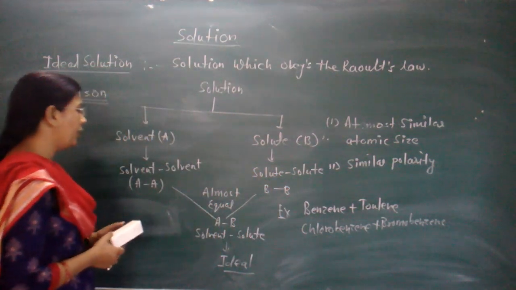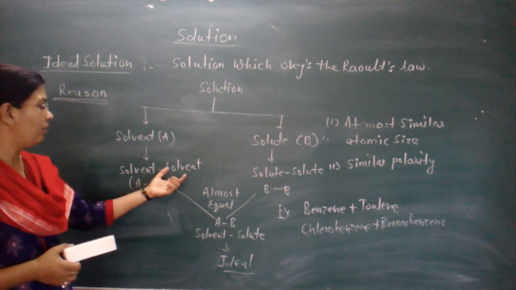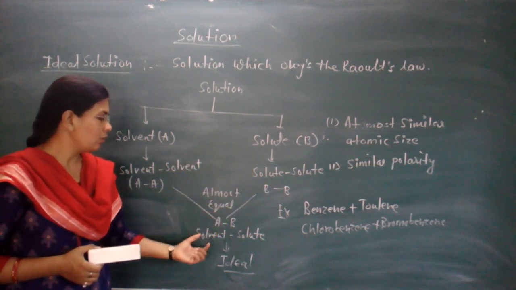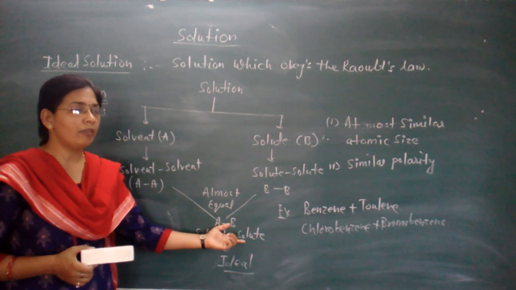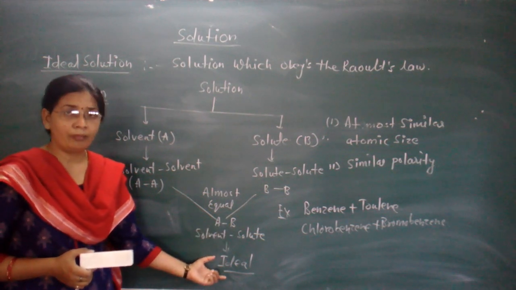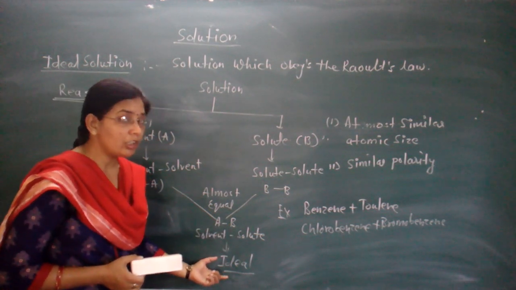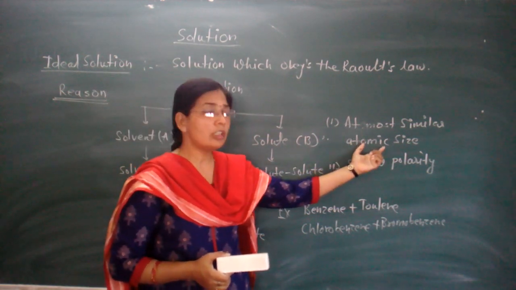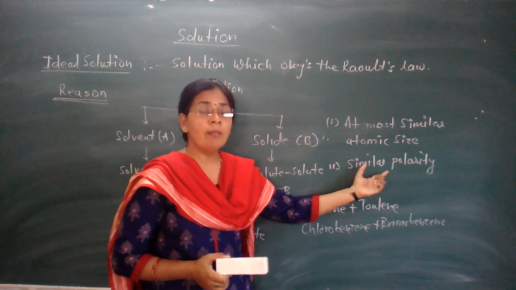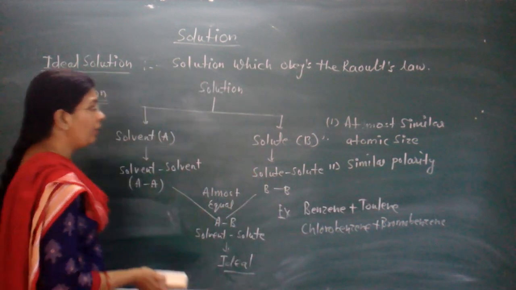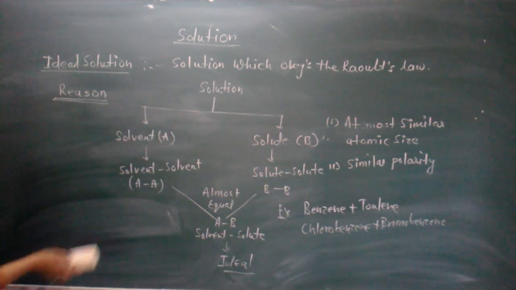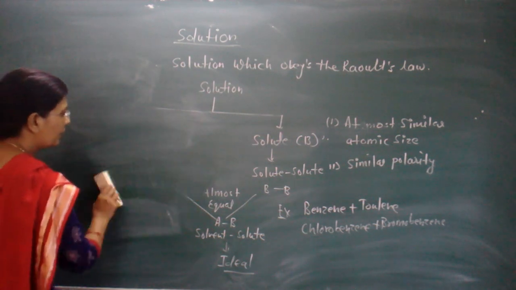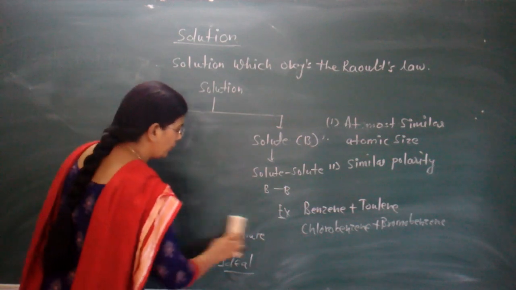When the interaction between the solvent particles and solute particles is almost similar, the solution behaves as an ideal solution. This is possible if the solute and solvent have almost similar atomic size and the same polarity. After this, our next topic is the non-ideal solution.